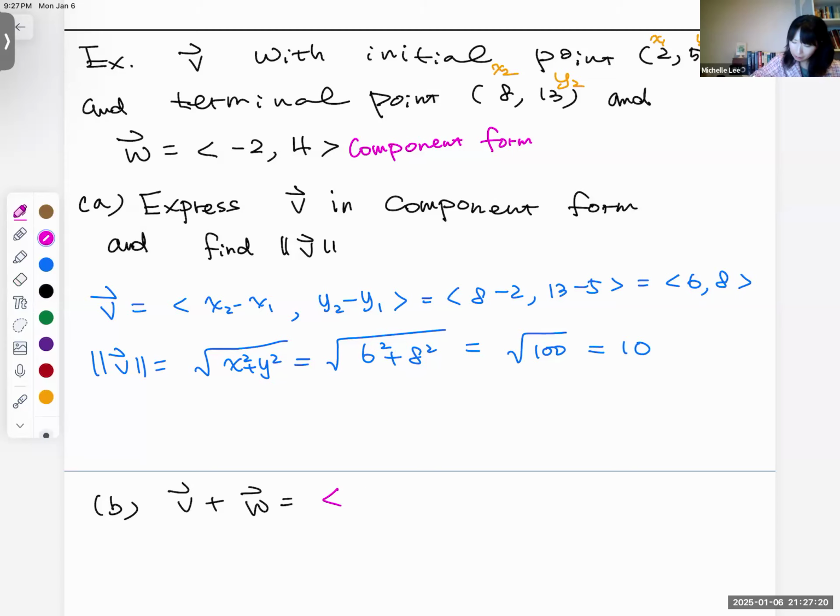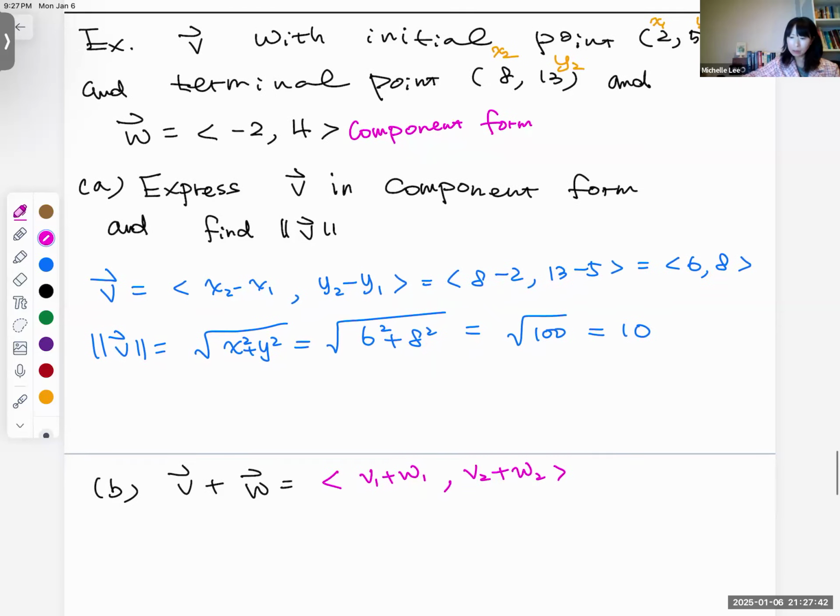So v sub 1 plus w sub 1 and v sub 2 plus w sub 2. You understand what I'm saying, right? I don't want to get confused with the ordered pair, that's why I don't use x and y. So v is 6 and 8, and w is negative 2 and 4.